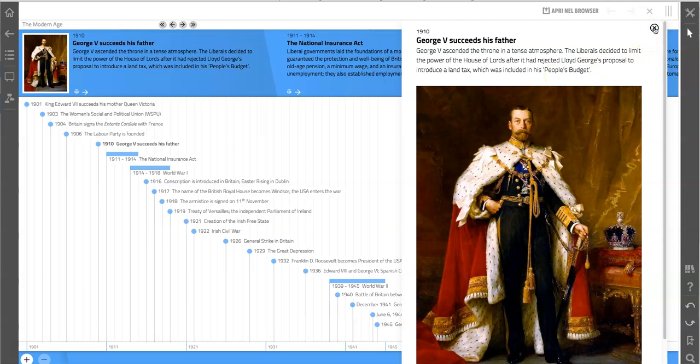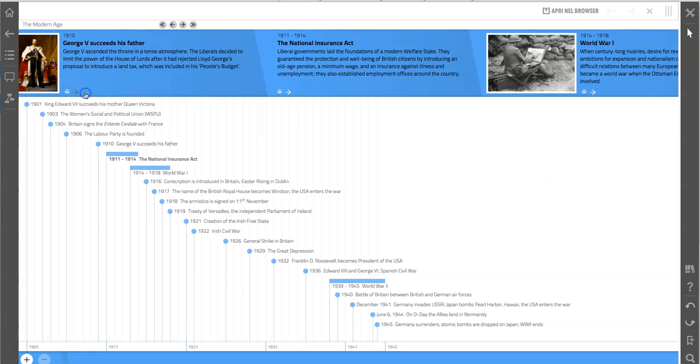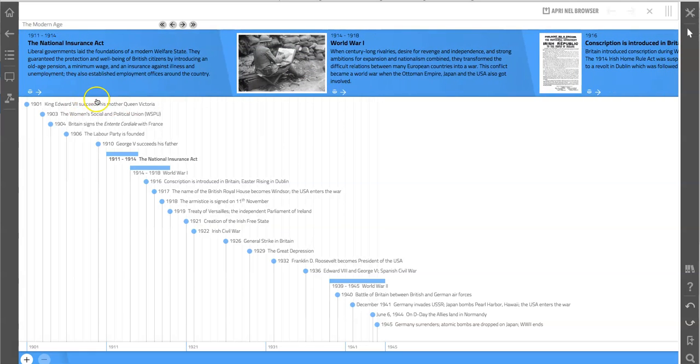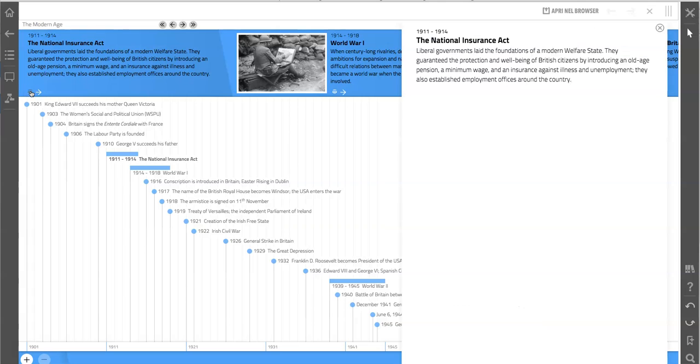Right, the next event, the National Insurance Act. We are between 1911 and 1914. The liberal governments laid the foundation of a modern welfare state.